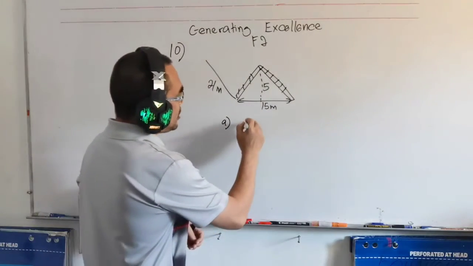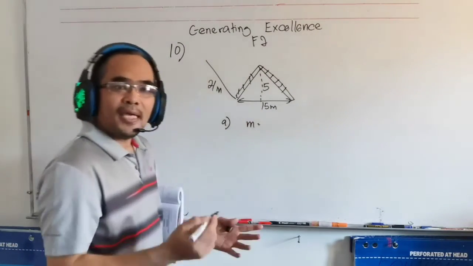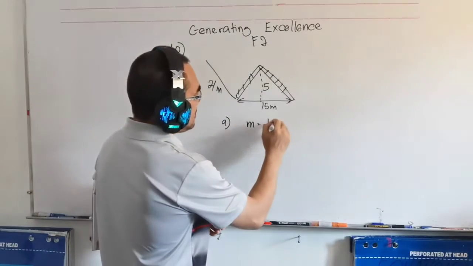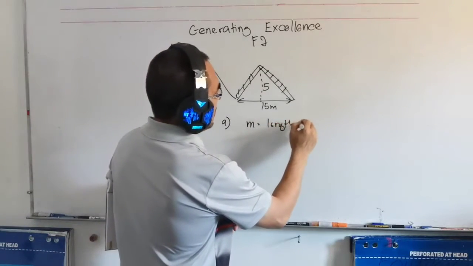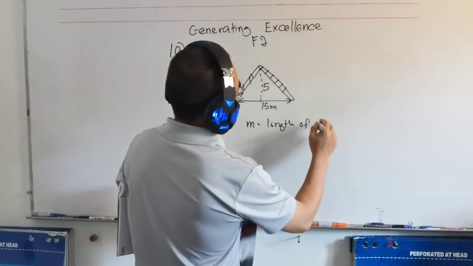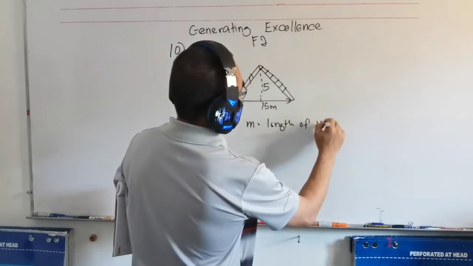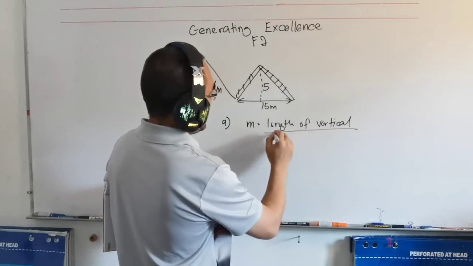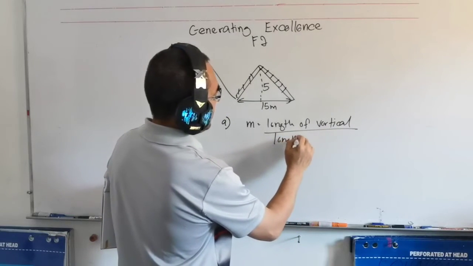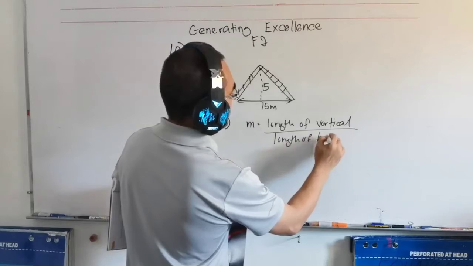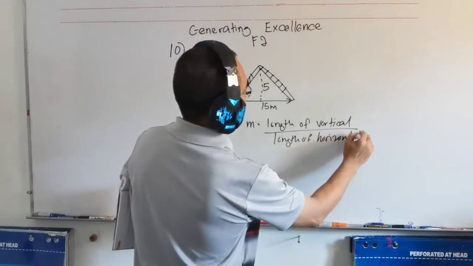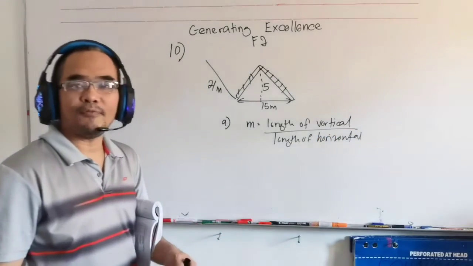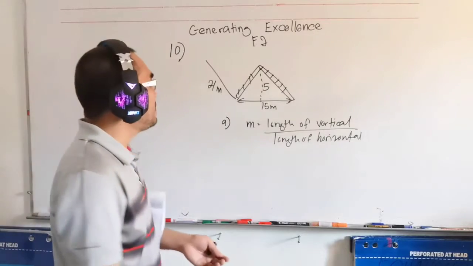Gradient, usually we indicate with m, is length of vertical over length of horizontal. So that is the formula. You have to memorize that.